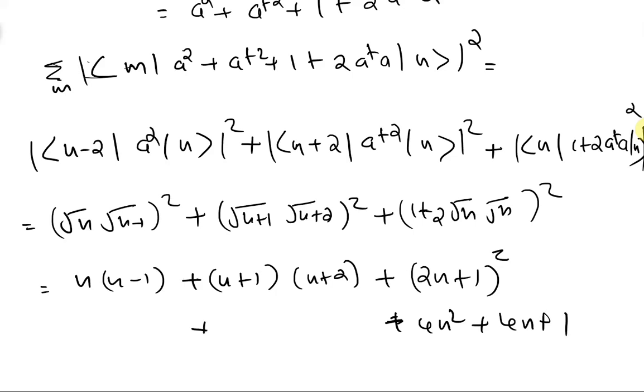Here this term is n² plus 3n plus 2, n² minus n. Okay.